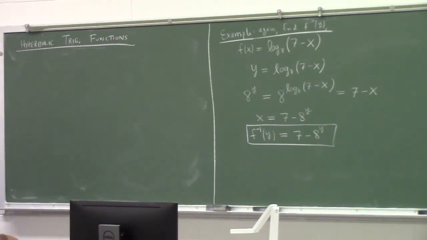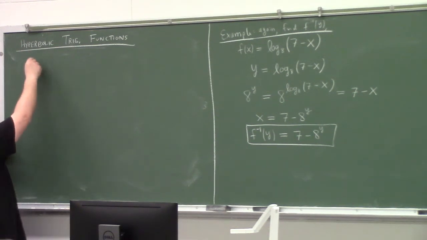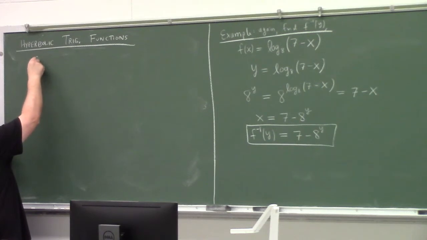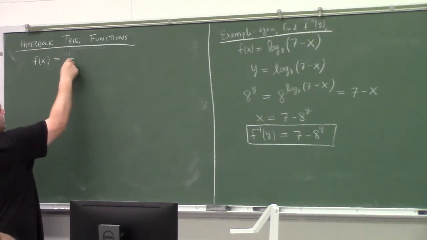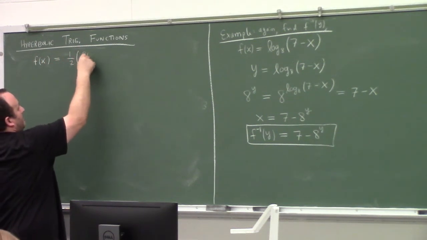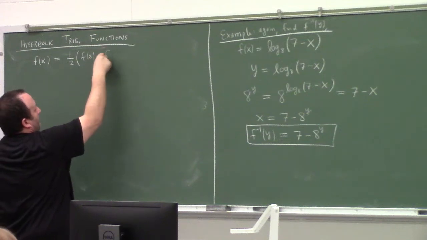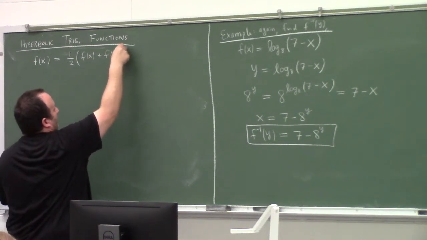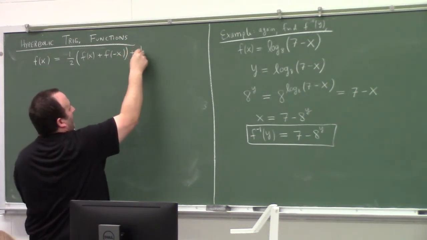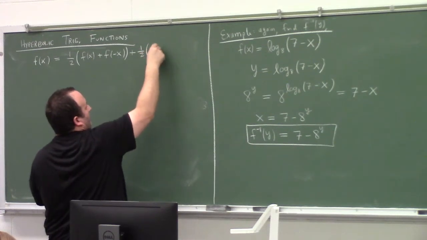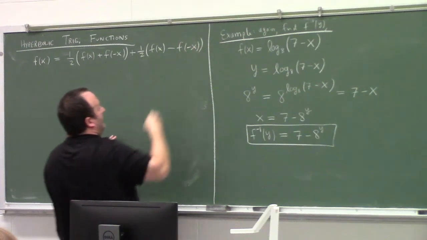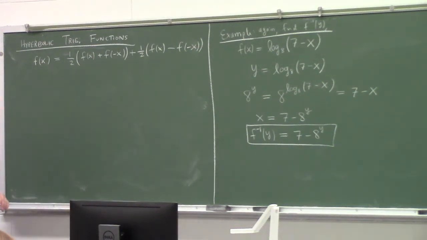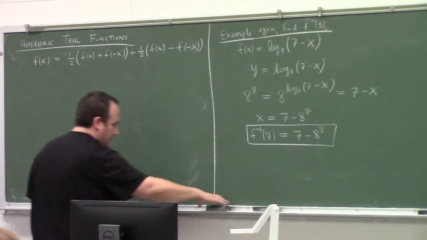Just to start out with, I always tell people about this. If we have a function, f of x, then one thing we can do is write this sneaky formula. So what do you think?